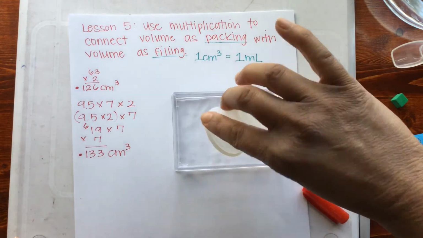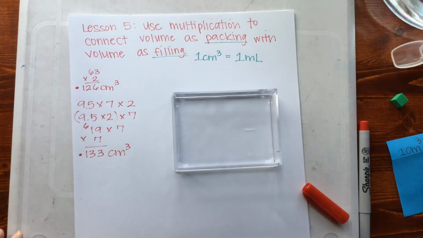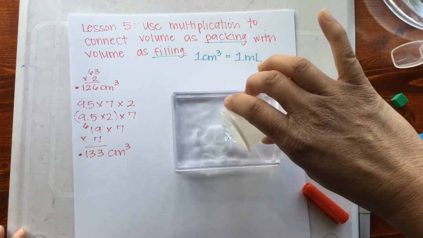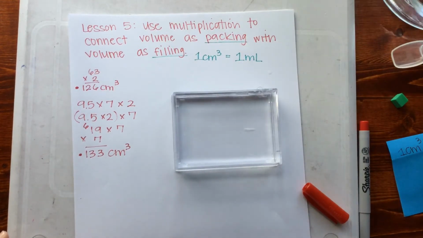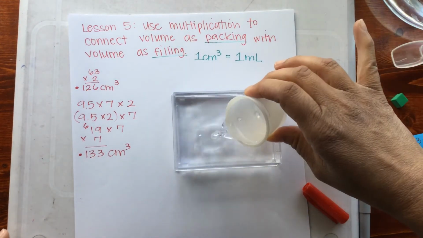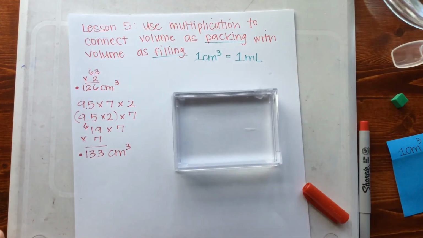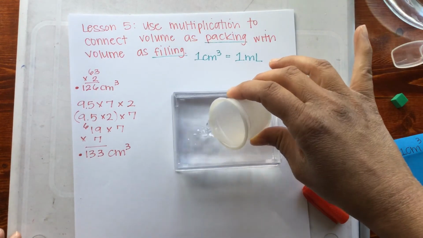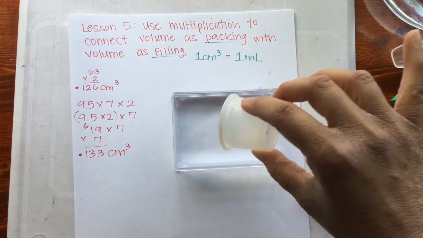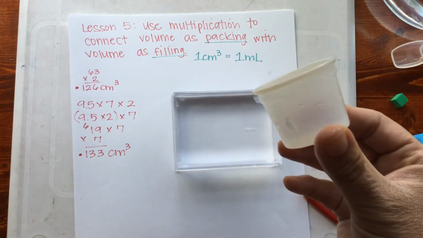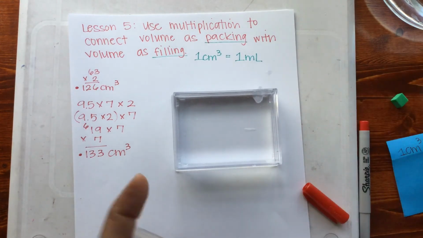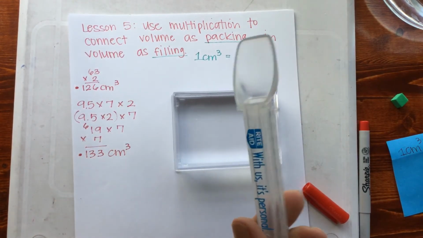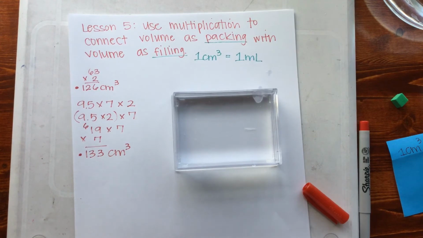So there's 30 milliliters, 60 milliliters, 90 milliliters, 120 milliliters. Now, I'm going to switch gears. I'm going to use another kind of dosing spoon. And this was 120. So I'm going to see if I can fit the 126.